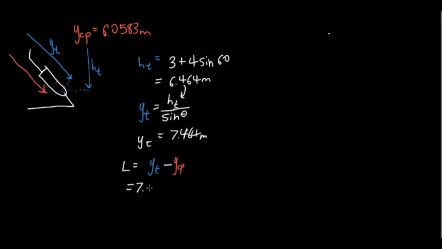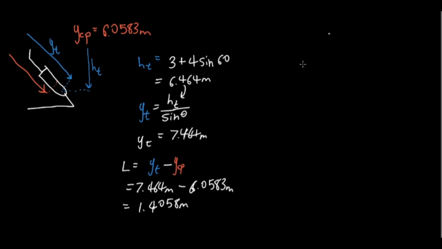And so we have 7.464 meters minus 6.0583 meters. And that gives us 1.4058 meters. So that's the moment arm.